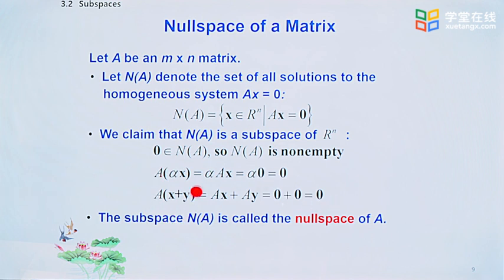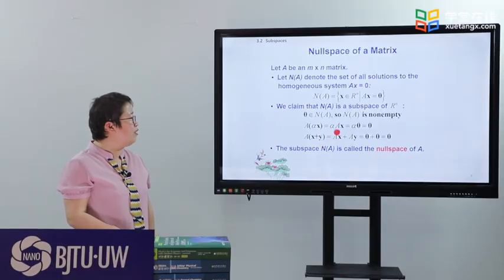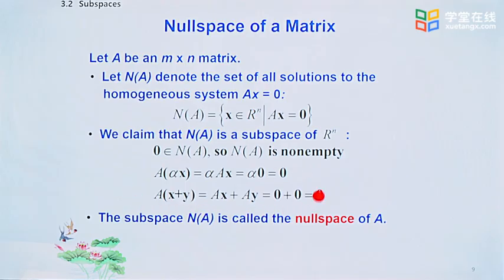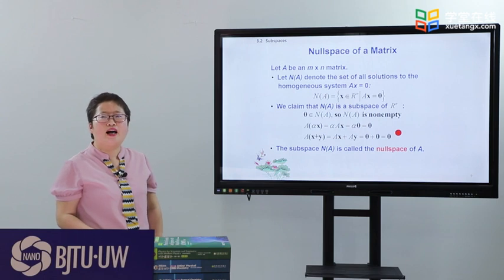So this new vector x plus y is also in the null space of A. So the scalar multiplication and addition are both closed on the null space of A, so the null space of A is a subspace of Rn. This is the null space of a matrix.